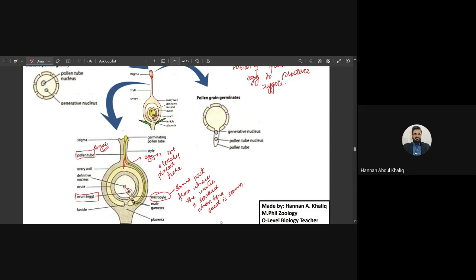Remember, the pollen tube is being made by the pollen tube nucleus.